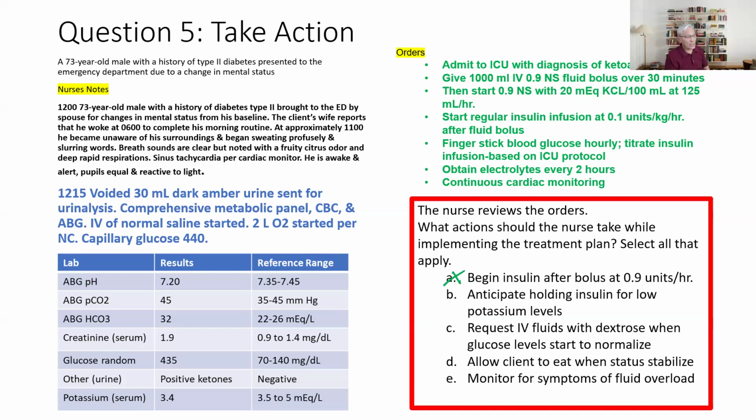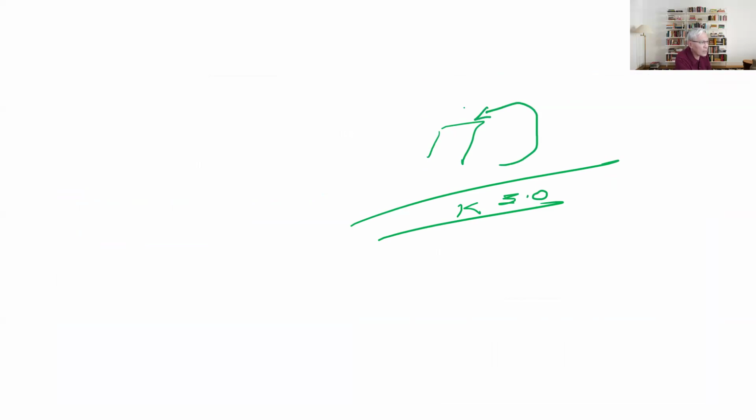All right. Anticipate holding insulin for low potassium levels. Is that true or false? True. You do not want to give insulin for anybody with low potassium levels. So you remember what I said. If you have a potassium of 3.0 over here, and you're now going to give insulin, what's going to go into the cell?